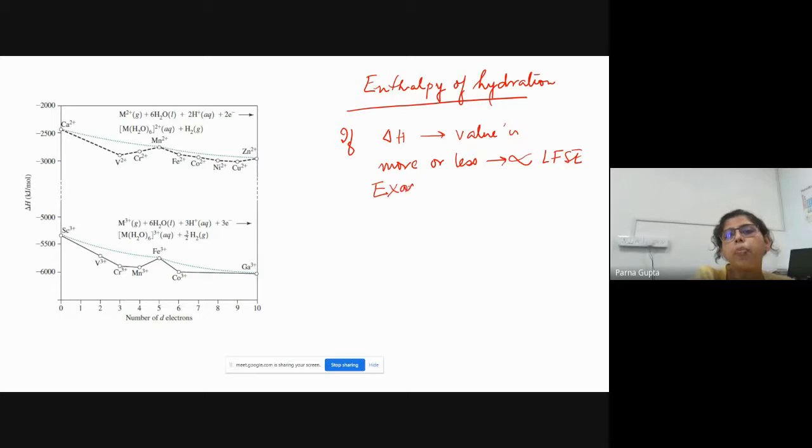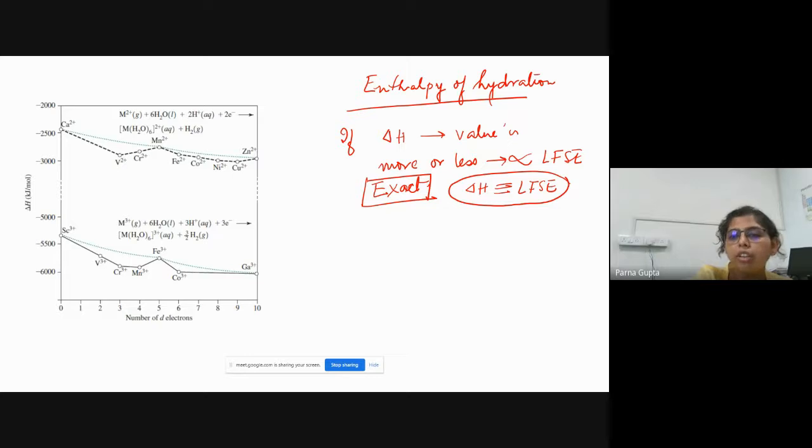So what is the point? Del H does not exactly correspond to LFSE. What is the reason for that? Because here the ligand is coming.